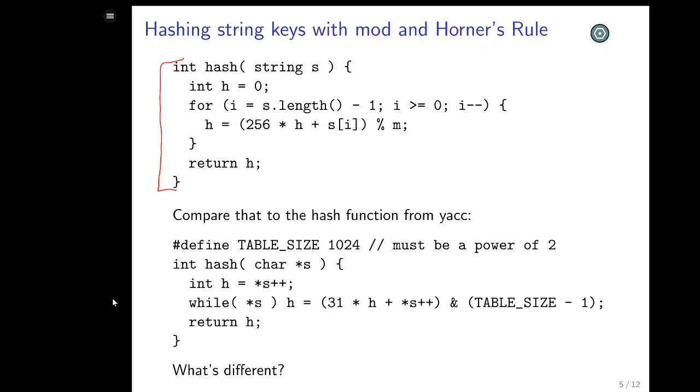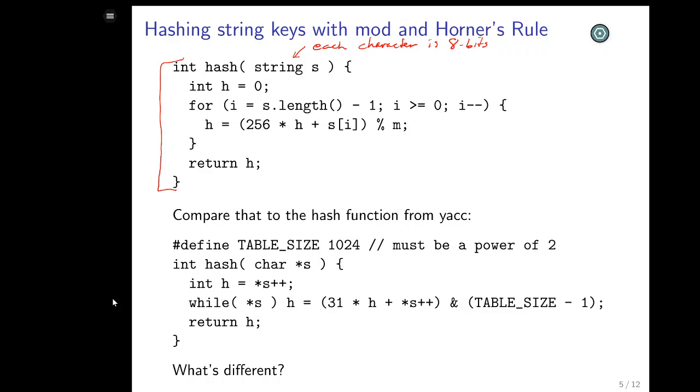So in C++, a string is a sequence of characters. Each character is 8 bits. That means there's 256 of them.